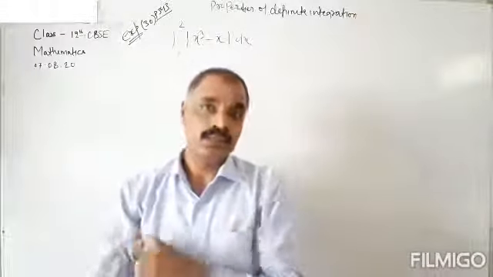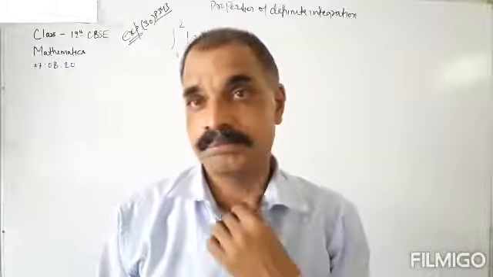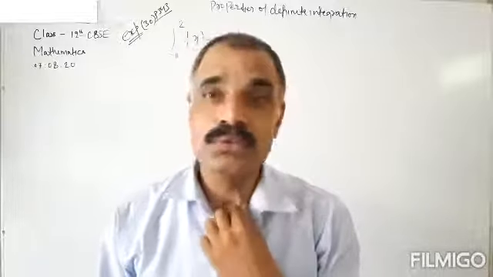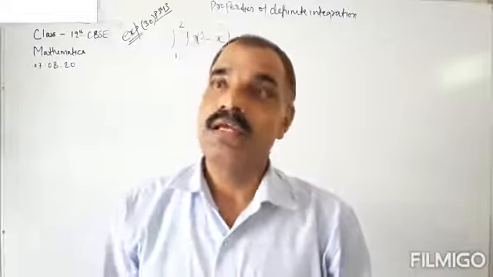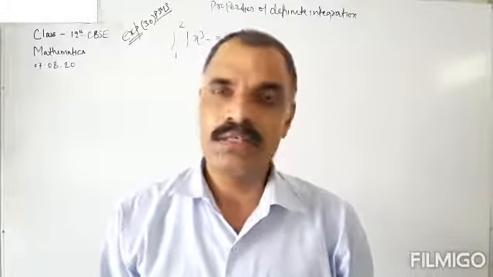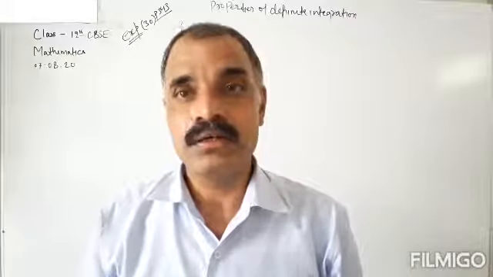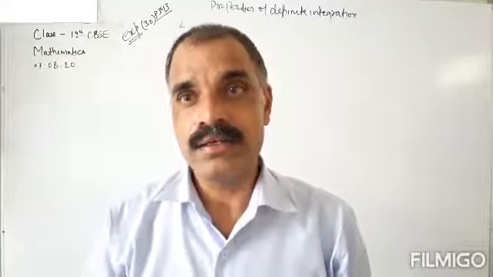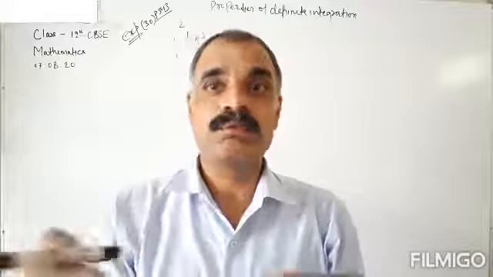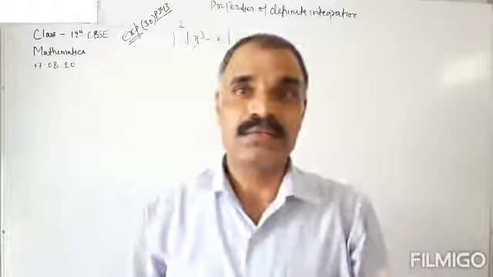Very important definite integration using the property. Okay, so how to use the property? Actually there is no definite order in which a particular property will appear, so you can learn all the properties randomly.